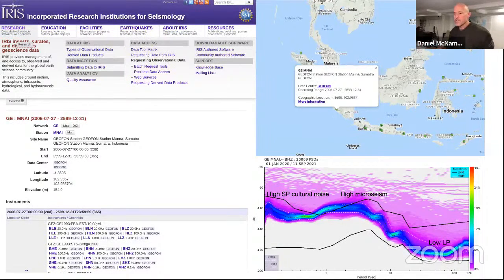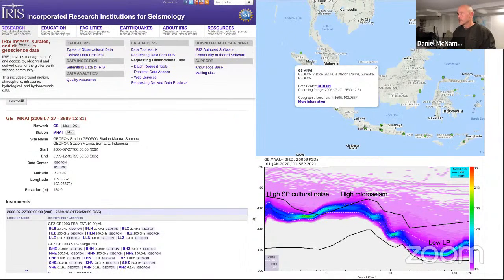Again, this station has an STS2, and it has very high microseism noise levels. It has fairly high short period cultural noise, not as high as the previous example, but still very high, near the high noise model at 1 hertz, but a little bit below the high noise model at the shorter periods.